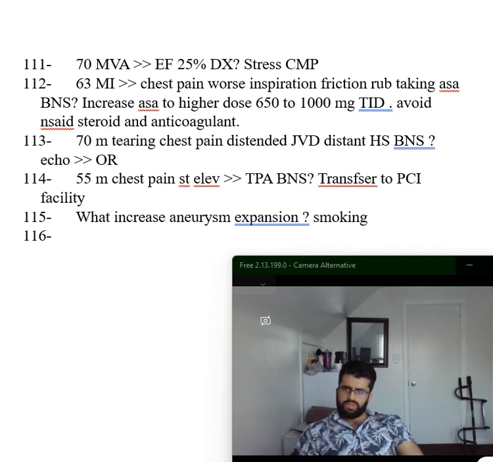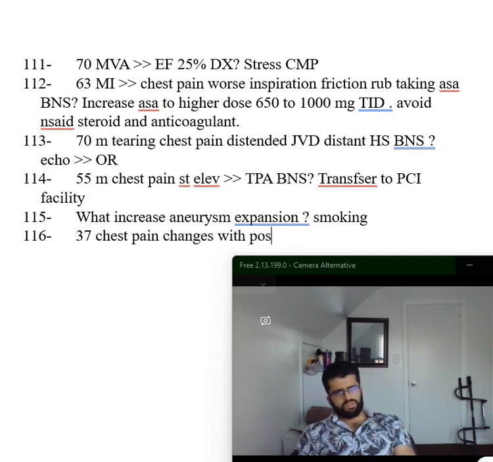Alright, this one is interesting, very important to know. Someone comes in, let's say a 37-year-old, with chest pain, neck pain, usually changes with position.